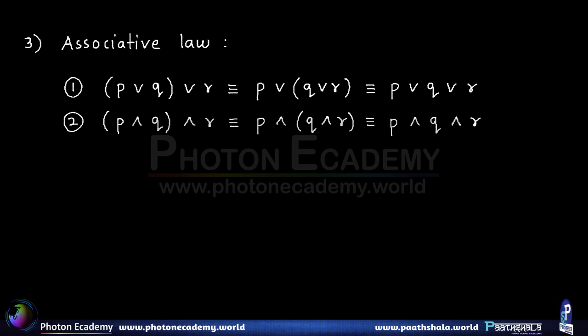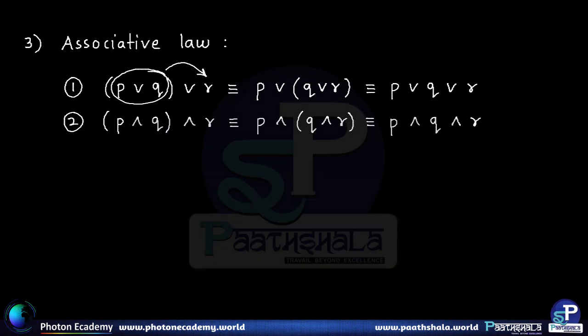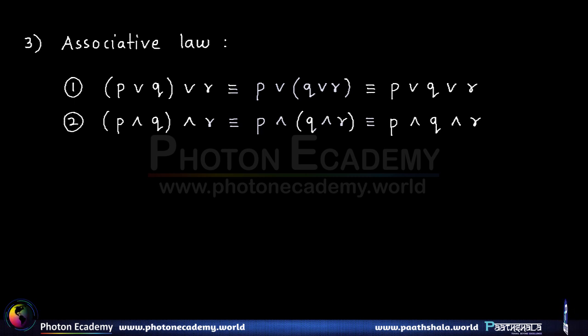So first of all we can do P or Q and then do the OR with the third element, R, or we can merge the second and third, that is Q or R, and then do the OR of that with P. Alternatively, we could have also done P or R first and then merged that with Q. That will also be the same thing.